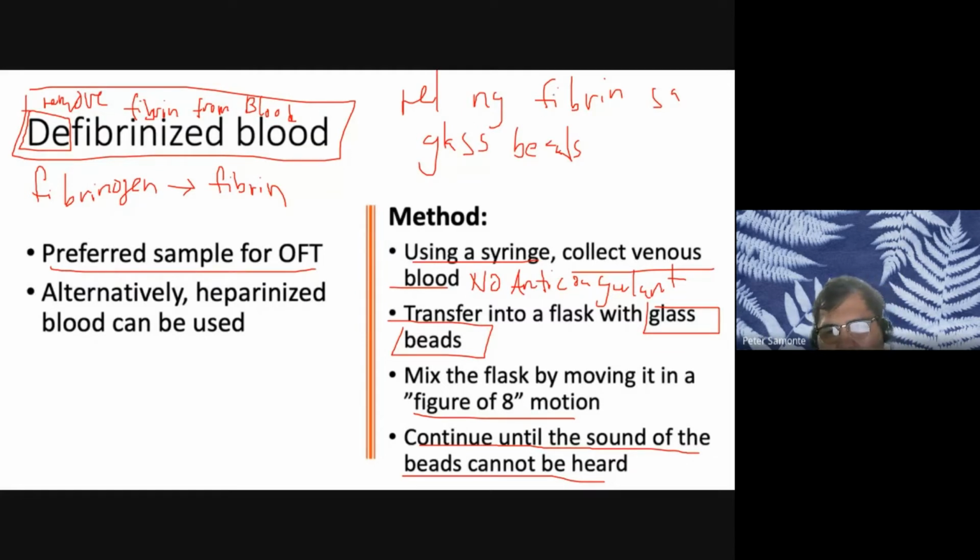So what would be the relationship of your fibrin to the glass beads? Any ideas, class?